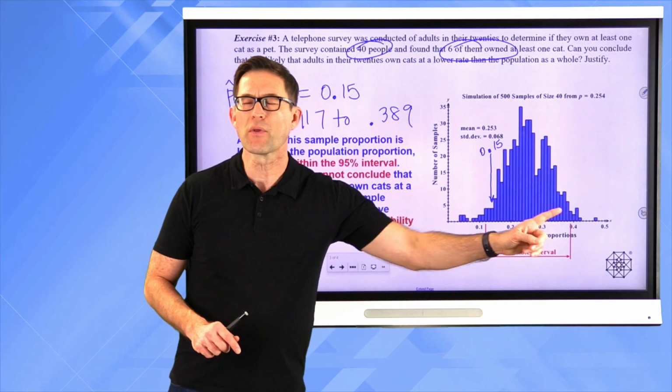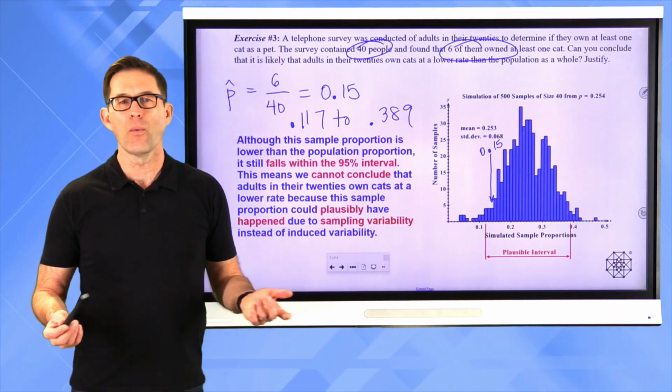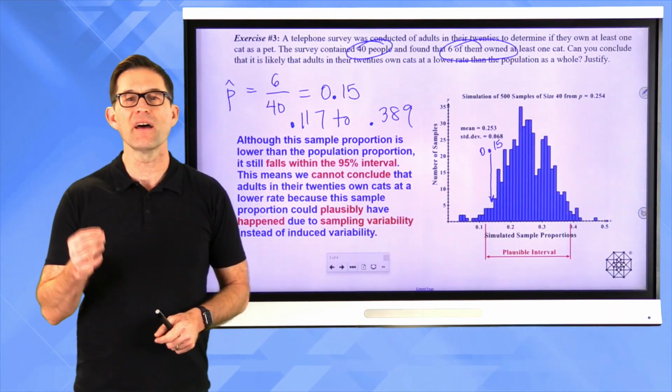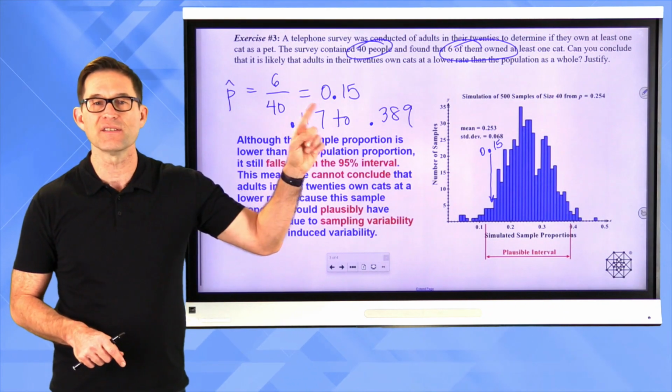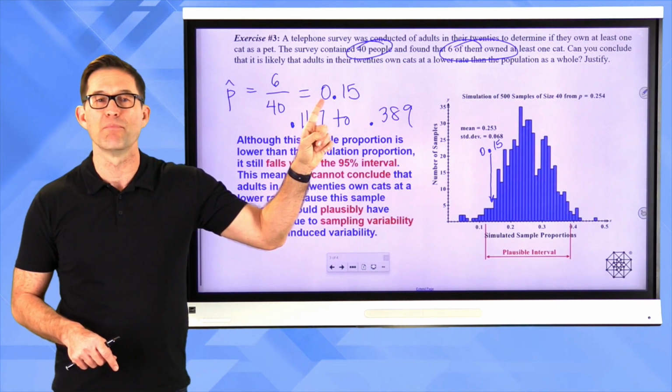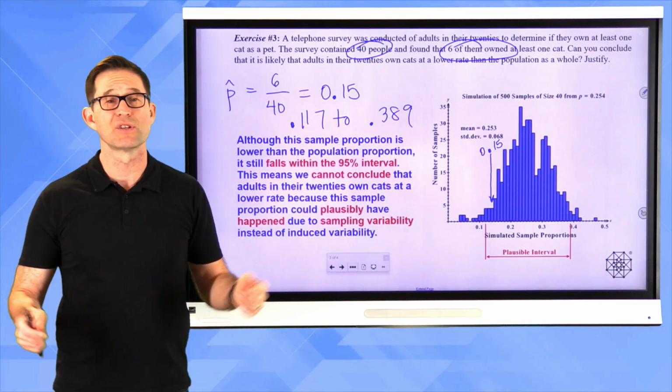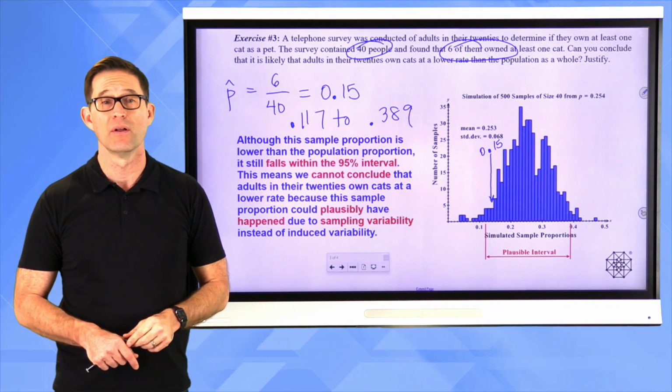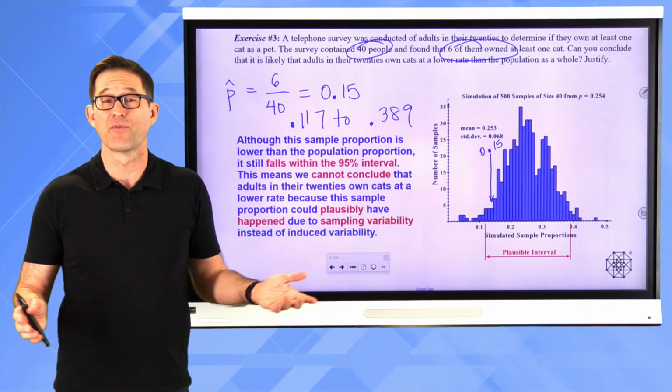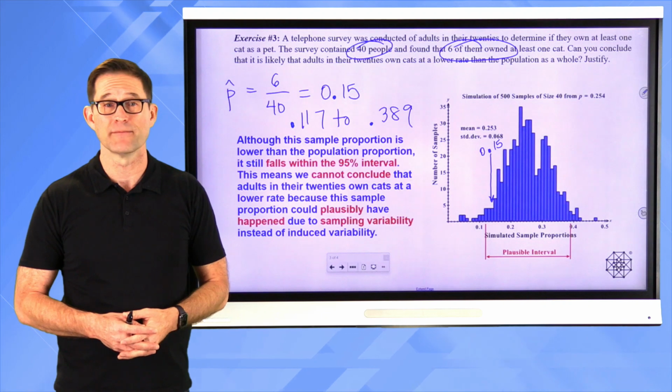But as soon as we're within the plausible interval, all we can say for certain is that there's not enough evidence to say that this was due to the people being in their 20s as opposed to just being some random sample that really came from the overall population anyway.